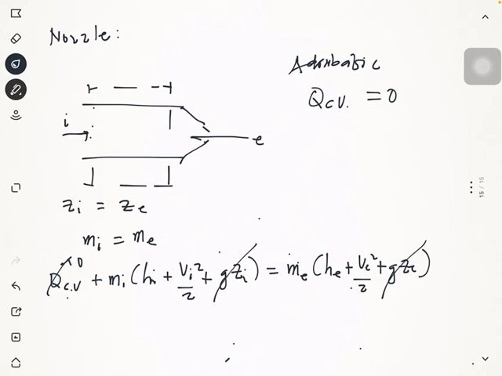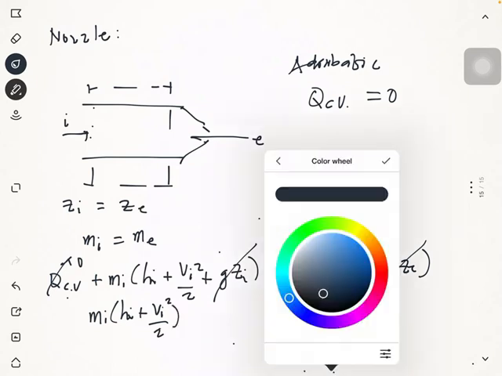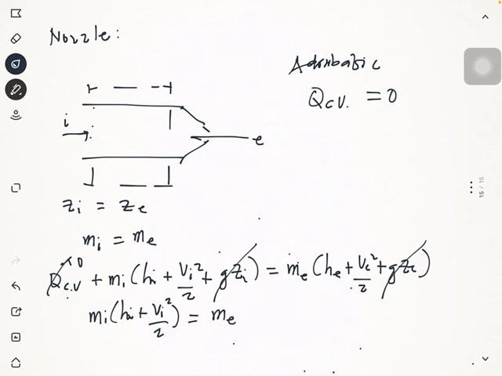What remains is this one: m_i times (h_i plus V_i squared over 2) is equivalent to m_e times (h_e plus V_e squared over 2), in mass flow rate here.